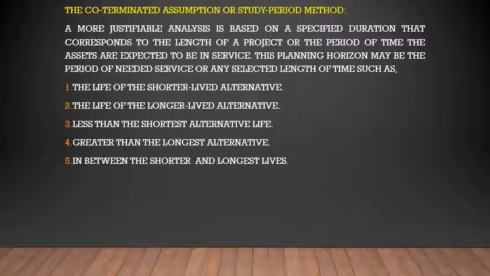For example, if one asset terminates at the end of 6 years and another at the end of 3 years, I can choose either 3 or 6 or 4 or 2 based on my preference. This is a very vague method, normally not highly recommended, but still it is one method.